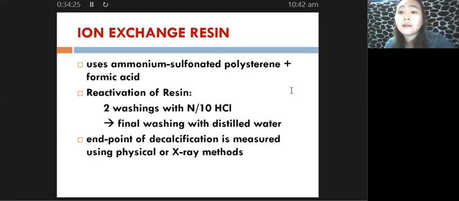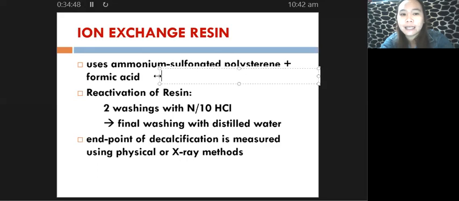And take note that in your ion exchange resin, there is still a need for you to make use of your acid solution. In particular, the acid solution that we use for ion exchange resin is formic acid.